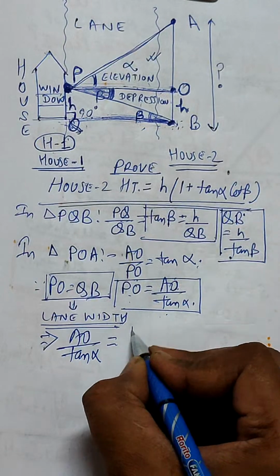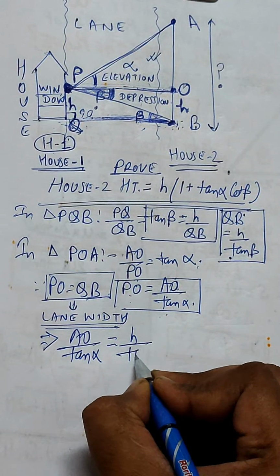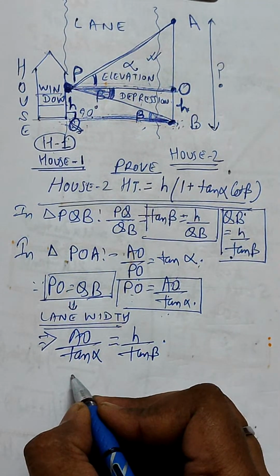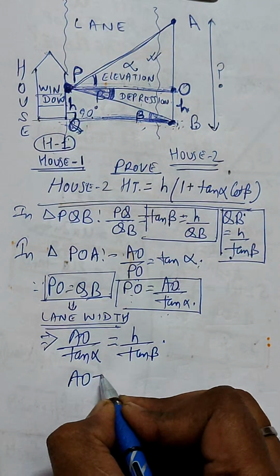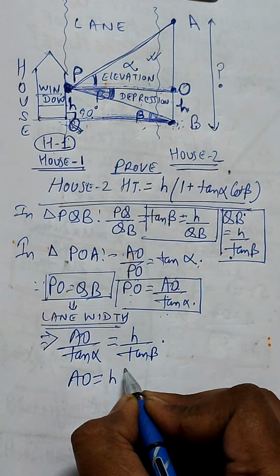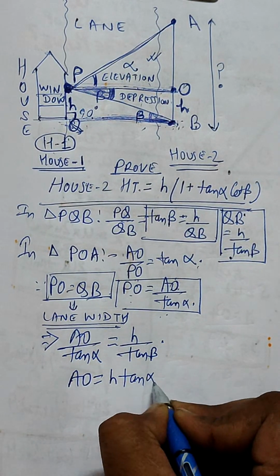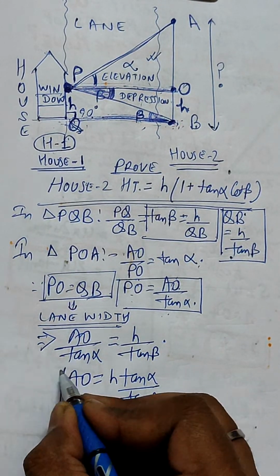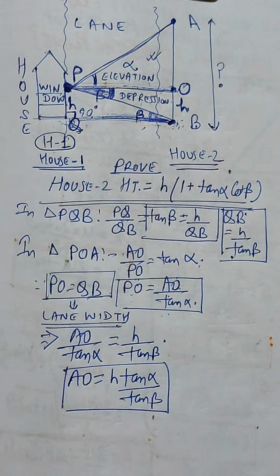QB is H by tan beta. So finally this will give you the length of AO as H times tan alpha by tan beta, right?